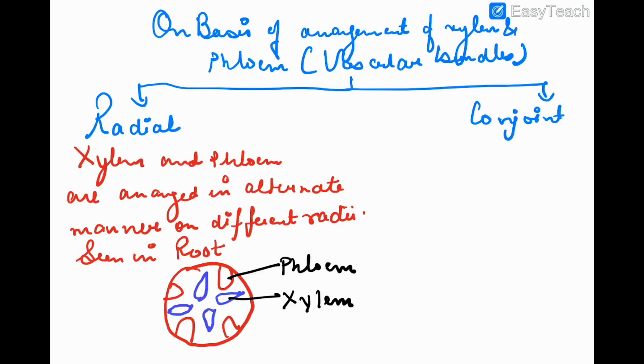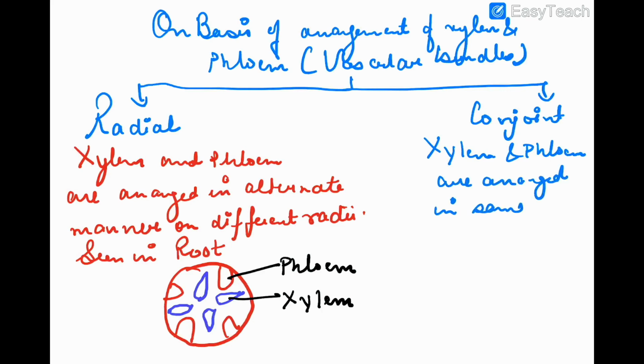Now let us look at the conjoint vascular bundle. In conjoint vascular bundle, xylem and phloem are arranged in the same radii. Let us draw this.